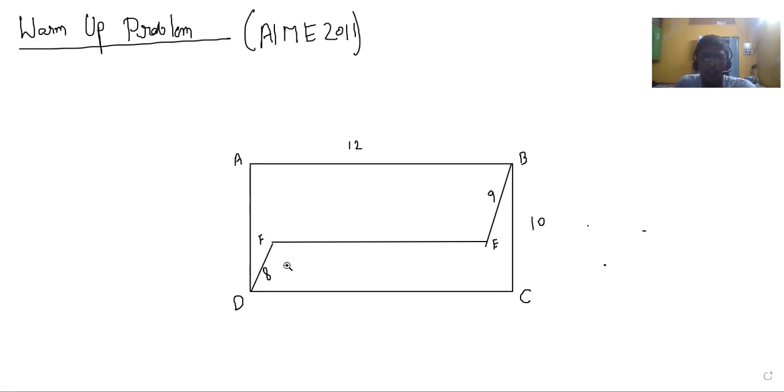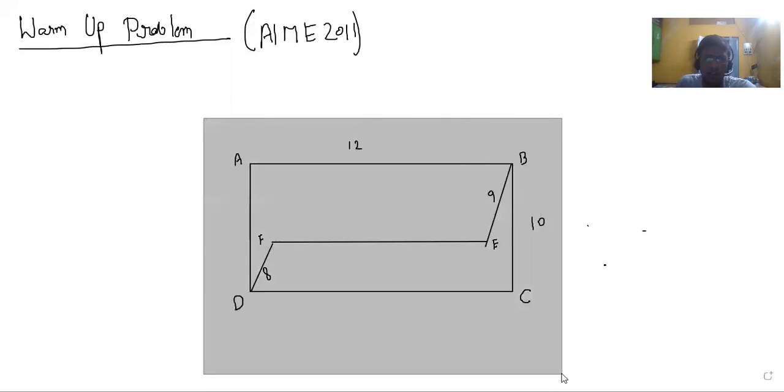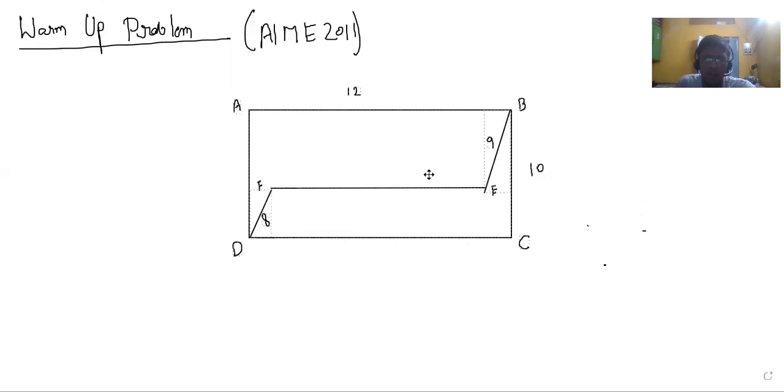And then the last thing is line BE intersects AD. Will it meet on our screen? No, so this has to be upstairs.